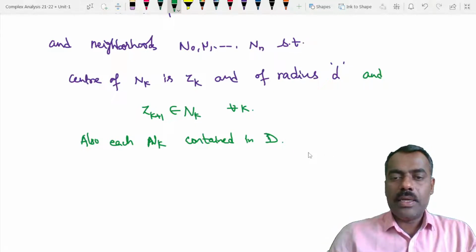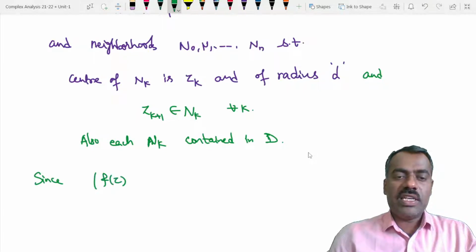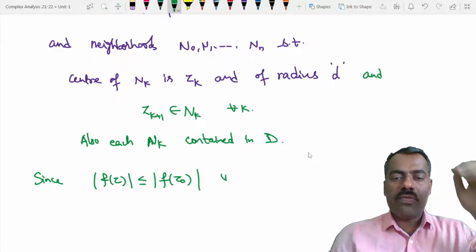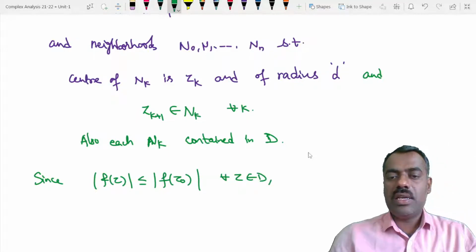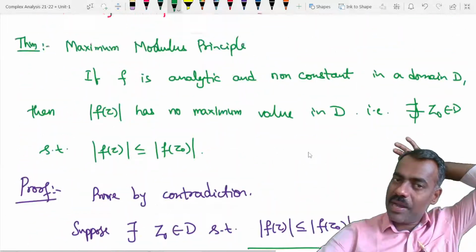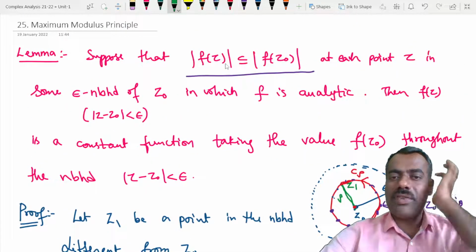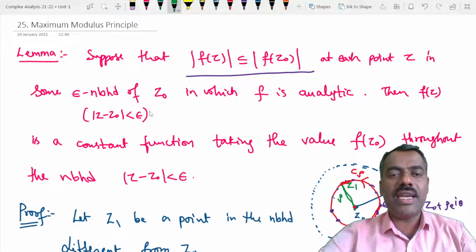Right. Now, since mod f of z is less than or equal to mod f of z naught for all z belongs to D, it is true for each neighborhood. Because if we want to apply the lemma, what do we require? We require this condition, mod f of z less than or equal to mod f of z naught, in a neighborhood.